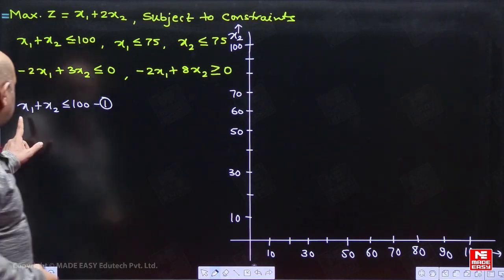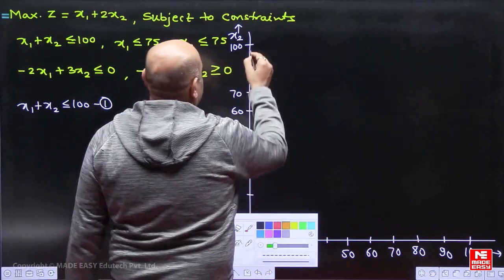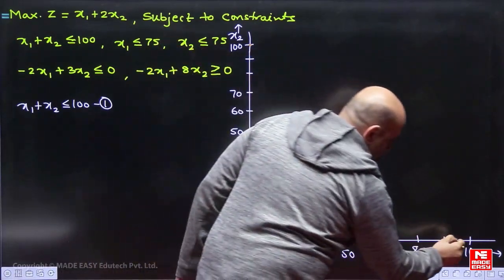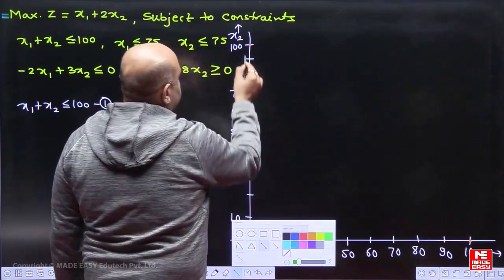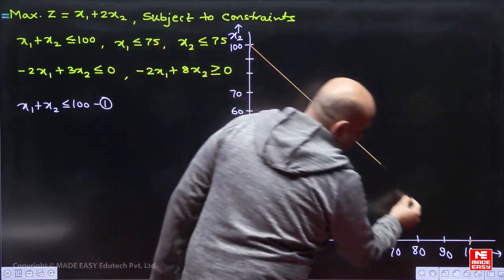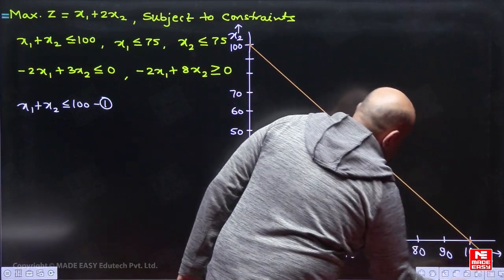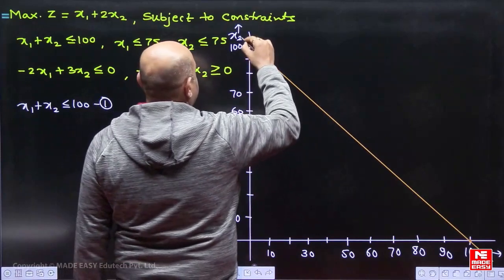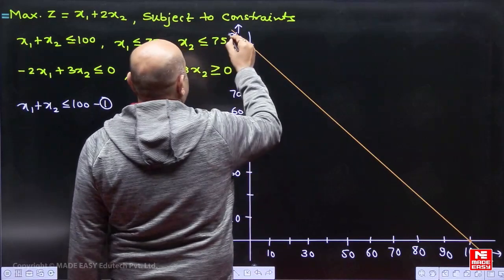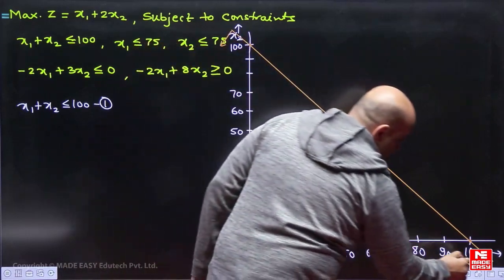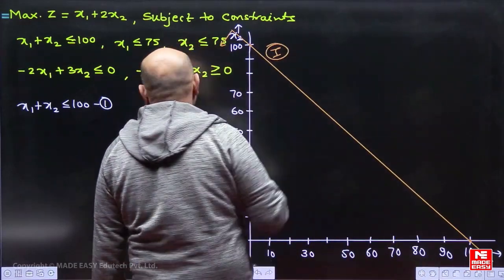So see when x1 is 0, x2 will be 100. तो पहला पॉइंट तो याद आएगा, अपन को दो पॉइंट मिल जाएंगे, एक इधर और एक इधर, and we should join them, connect them by a line. That will be our first constraint. See, that is our first constraint.